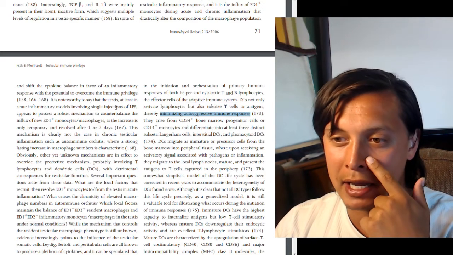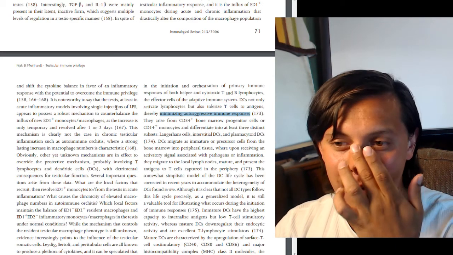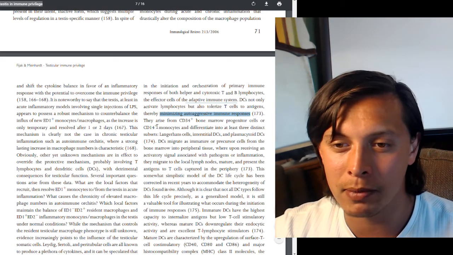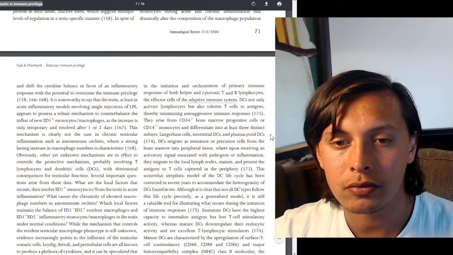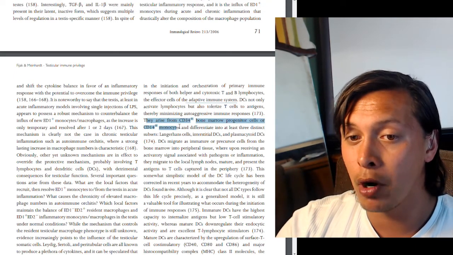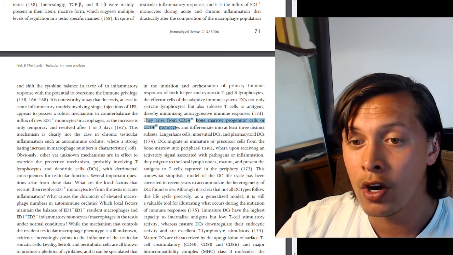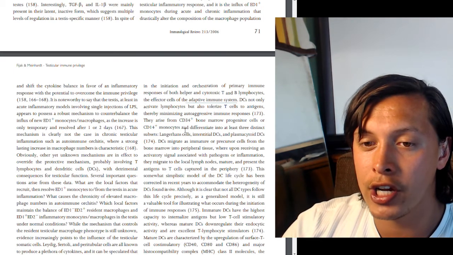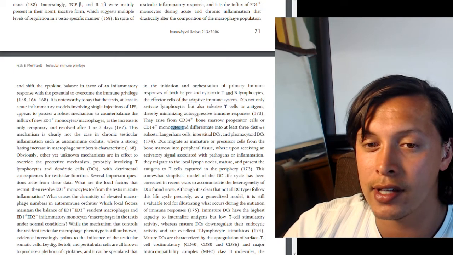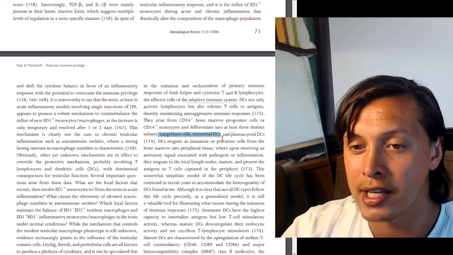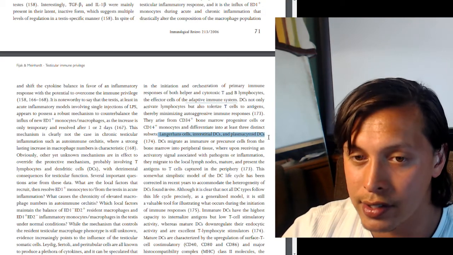And I thought it did that by killing immune cells that ended up attacking those antigens, but I could be mistaken or misremembering. Anyways, they arise from the CD34 positive bone marrow progenitor cells, or CD14 positive monocytes, and differentiate into at least 3 distinct subsets: the Langerhans cells, the interstitial dendritic cells, and the plasmacytoid dendritic cells.